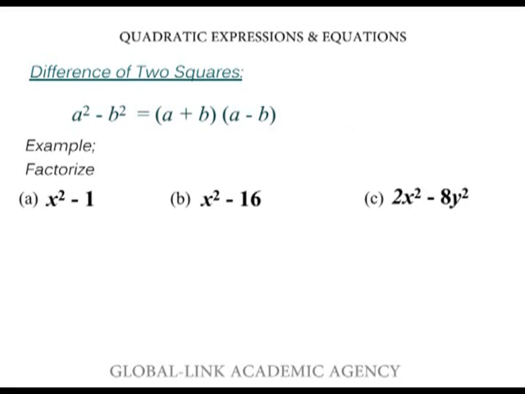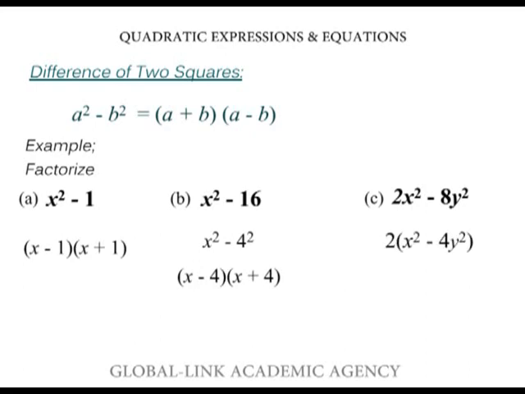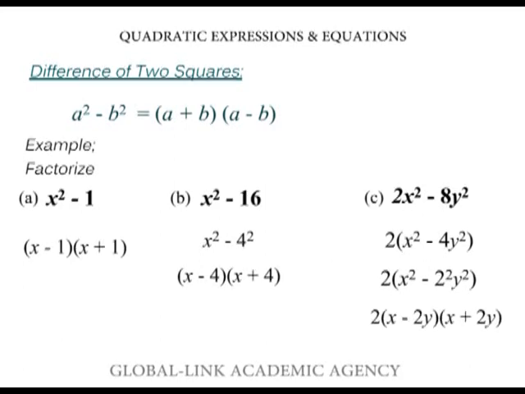In our solution, a, x squared minus 1 is equal to (x minus 1)(x plus 1). b, x squared minus 16 is equal to x squared minus 4 squared, which is (x minus 4) times (x plus 4). c, 2x squared minus 8y squared is equal to 2 into (x squared minus 4y squared), which is 2 into (x squared minus 2 squared y squared), giving us 2 into (x minus 2y) times (x plus 2y).